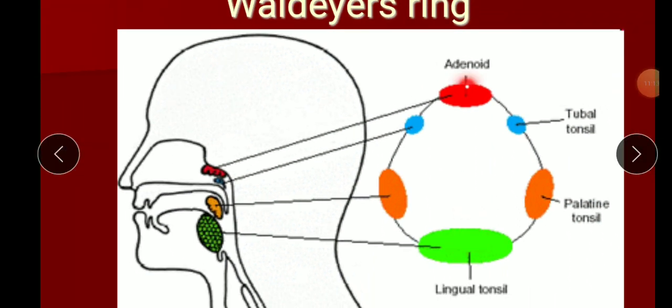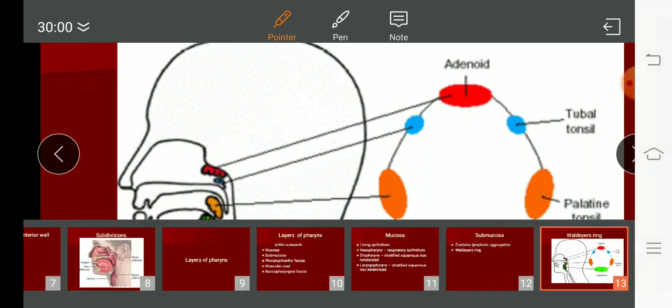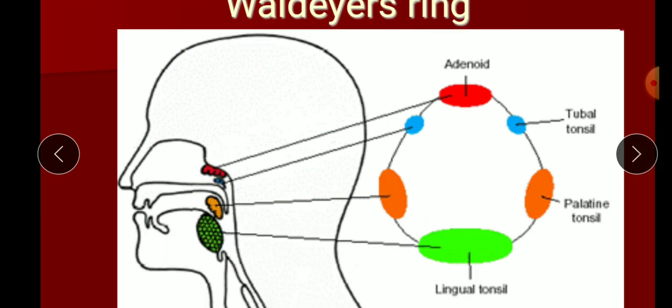So first is the nasopharyngeal tonsil, that is you find at the nasopharynx. Then you find the tubal tonsil, that too in the nasopharynx. Then you find the palatine tonsil, that is in the oropharynx. And finally the lingual tonsil, and that is in the posterior third of the tongue.